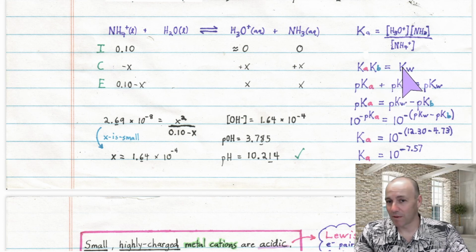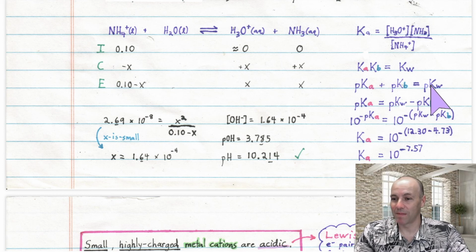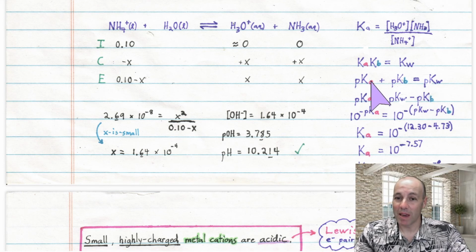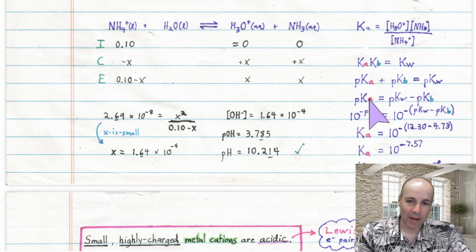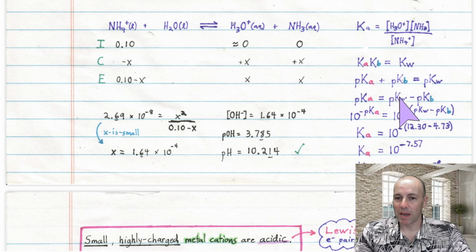And so the negative log of the right side would be pKw. So you see pKa plus pKb equals pKw. And we derived that from that equation. Now, if we solve for pKa, it's going to be pKw minus pKb. Now, we're getting pretty close to Ka. pKa is pKw minus pKb.